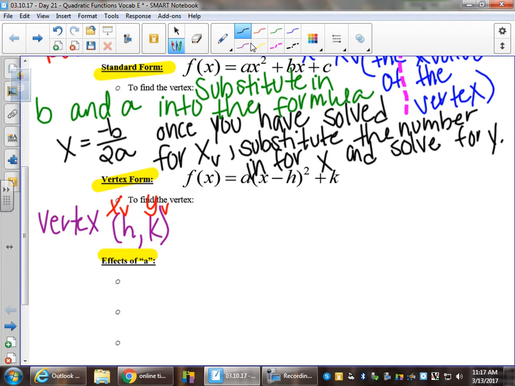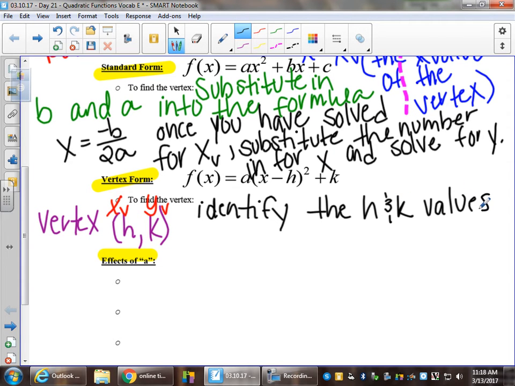So to find the vertex, identify the h and k values and write this little note.